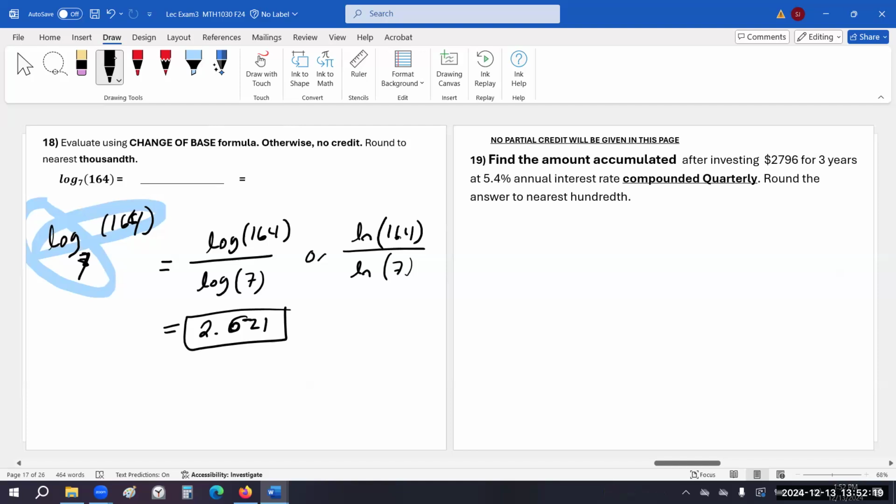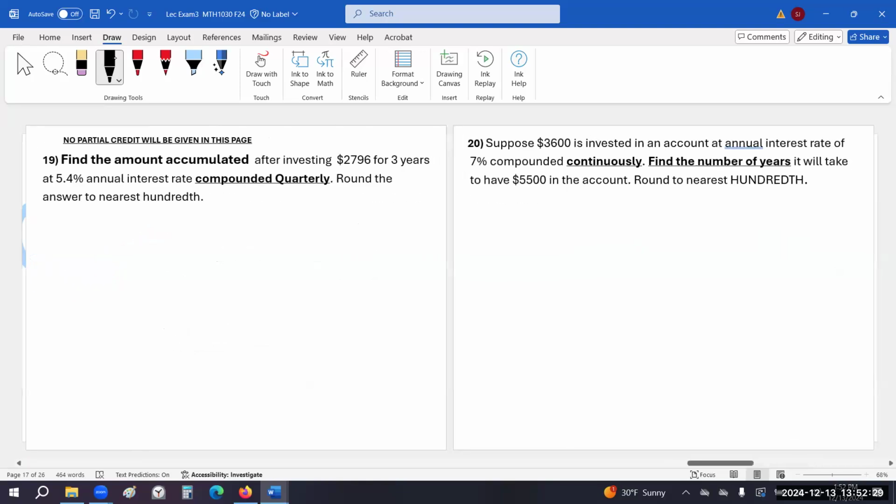Now comes the money problem. For money problems, we have 4 scenarios. So actually 5 scenarios. Scenario number 1, we have money that is compounded continuously. If you compound continuously, there is only one equation: A equals P e^(rt).